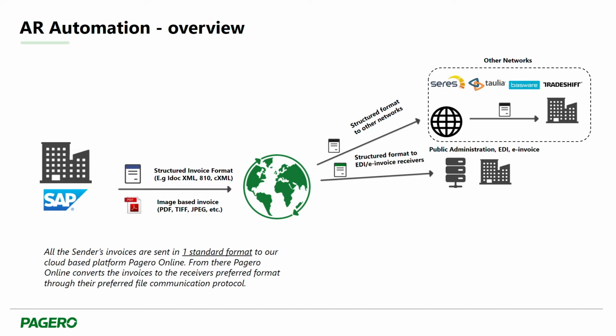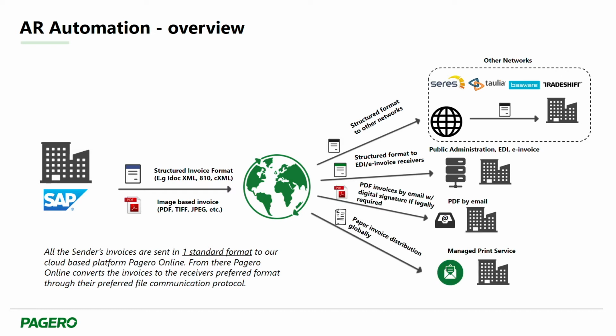So what do we do with the rest? Because we don't want you guys to have 2 or 3 separate invoice processes. So what we also do is offer PDF distribution and printing services globally. This means that you will be able to achieve 100% digital invoicing from day one, and we distribute the invoice in the way preferred by the client.